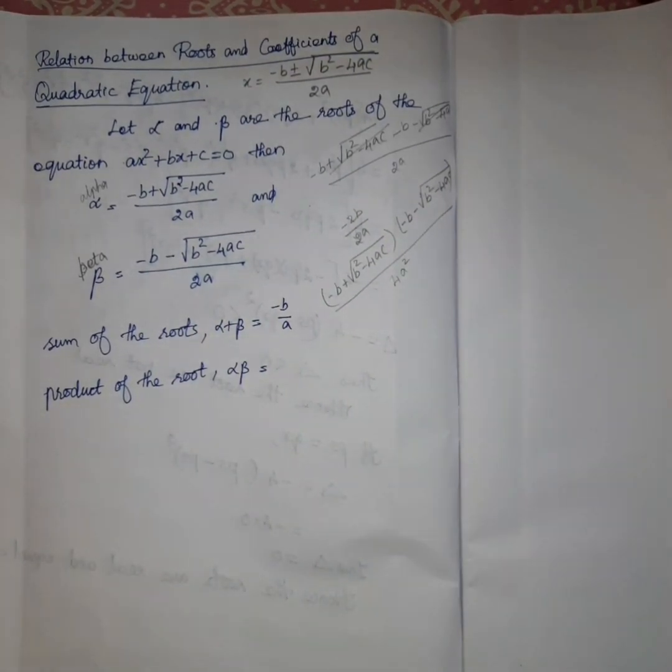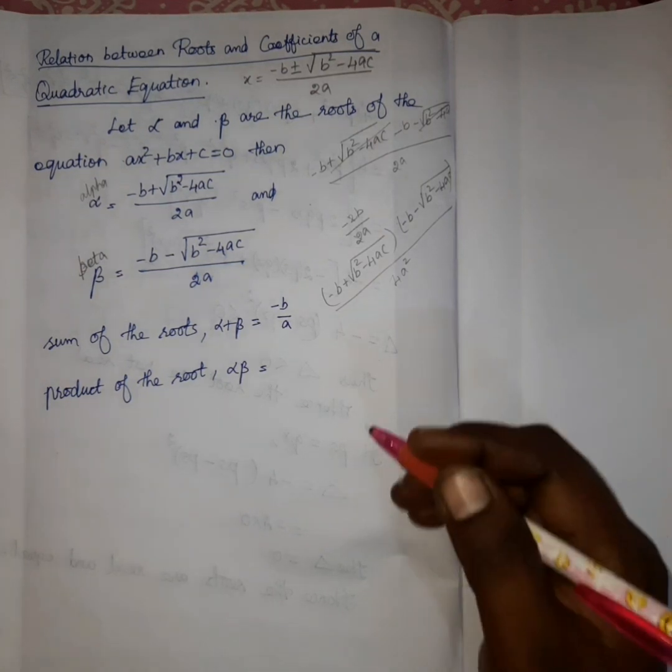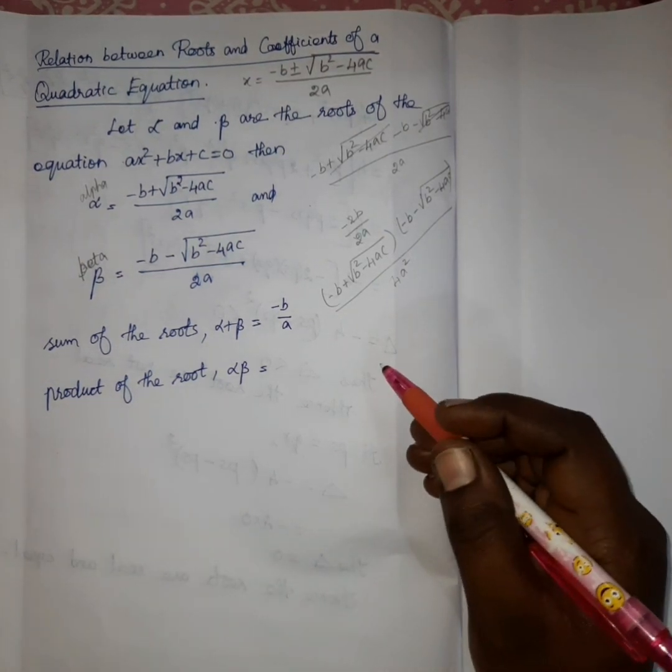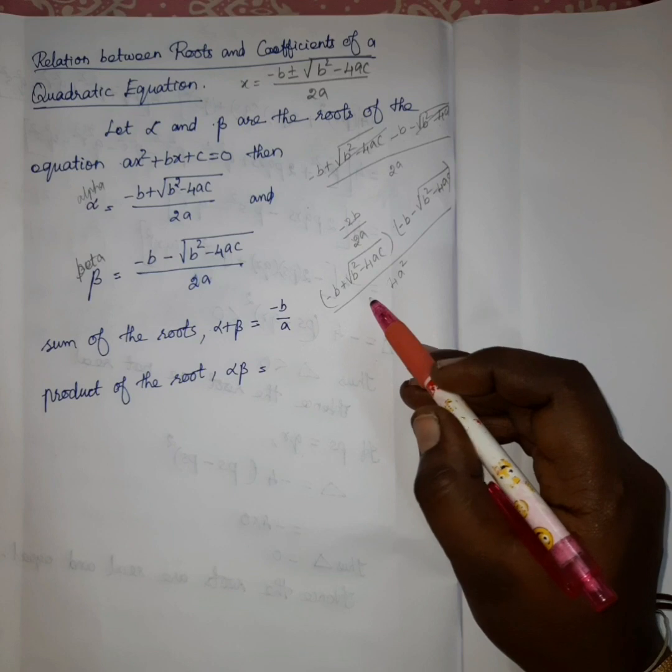For addition we write the same denominator, but for multiplication, whatever the denominators are, you have to multiply them and write. Now we can see the numerator.